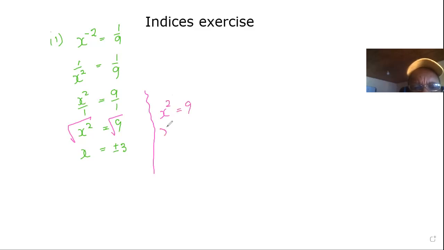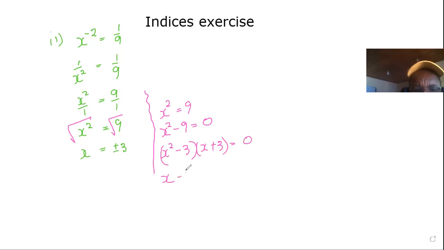This can be x squared minus 9 is equal to 0. This is a difference of two squares presentation here. That's x minus 3 into x plus 3, that's equal to 0.